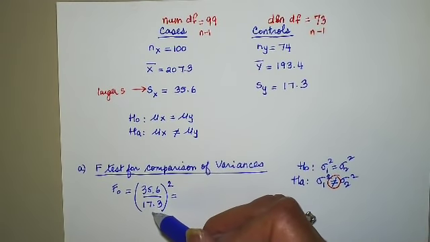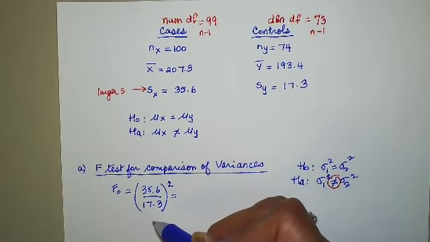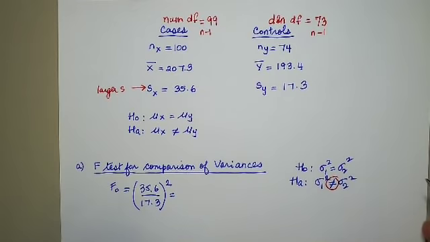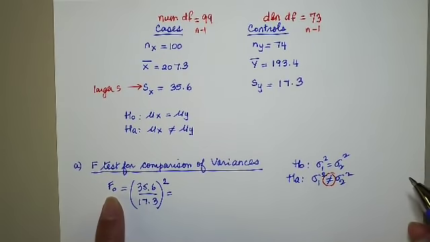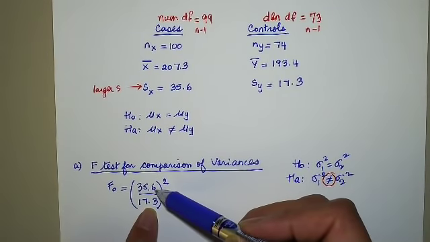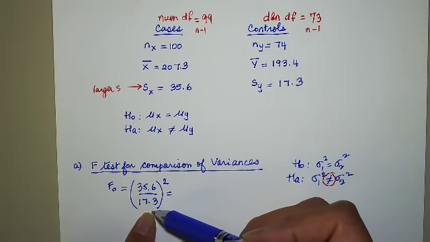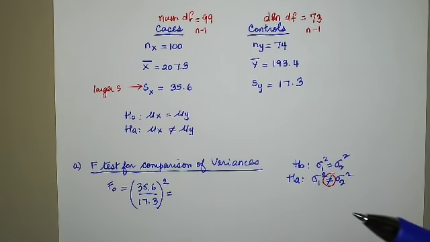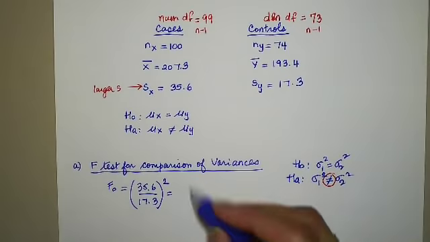It looks like it's pretty big, right? This is a 2-to-1 ratio, so when I square the 2, it becomes a 4. I think the F test will be significant, because F naught is going to be 4. How can they be coming from the same variance population if the ratio is 2-to-1? It doesn't make sense, right?